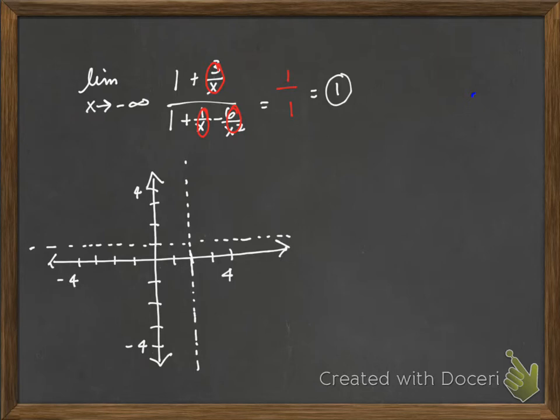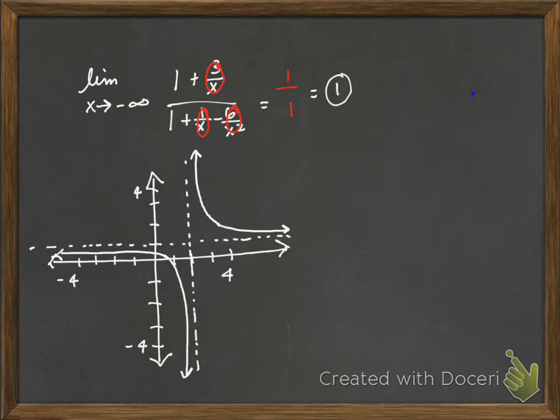So I know my graph is doing something like this, right? And because we have the horizontal and vertical, I know my graph has to shoot up like this, okay? And then as x is approaching negative infinity, I know it's going to 1, so I'm going to go ahead and draw that in. And then I know this graph is going to do this because of the limitations.